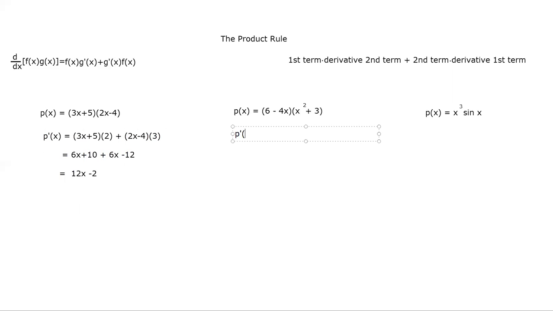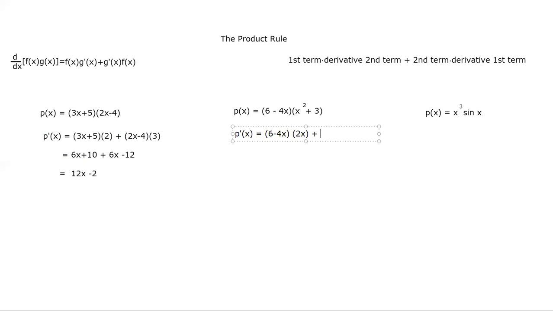Okay, let's look at this next one. Okay, here we have 6 minus 4x times x squared plus 3. So our first term is 6 minus 4x. The derivative of the second term is just 2x.